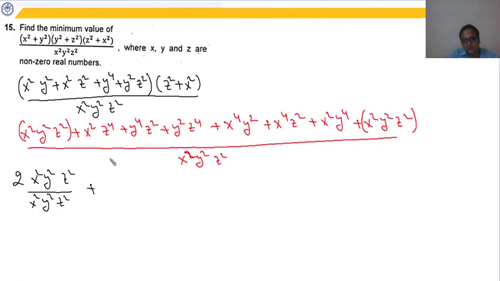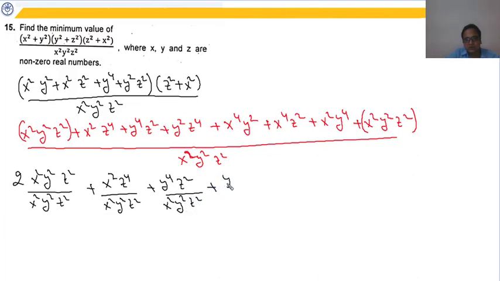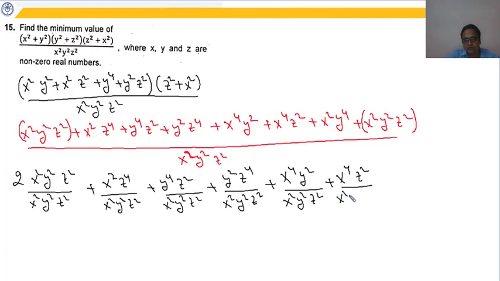This is x square z⁴ upon x square y square z square, plus y⁴ z square, second term, upon x square y square z square, plus y square z⁴ upon x square y square z square, plus x⁴ y square upon x square y square z square, plus x⁴ z square upon x square y square z square, plus x square y⁴ upon x square y square z square. We could have done division directly.